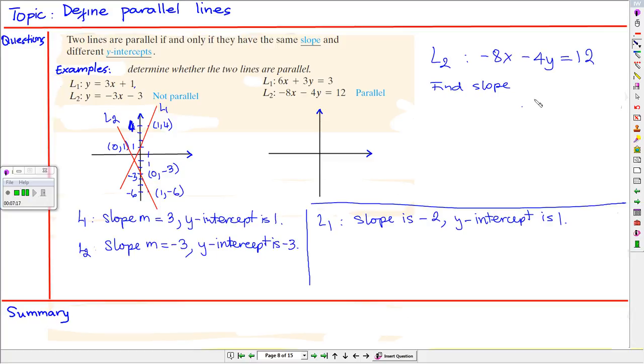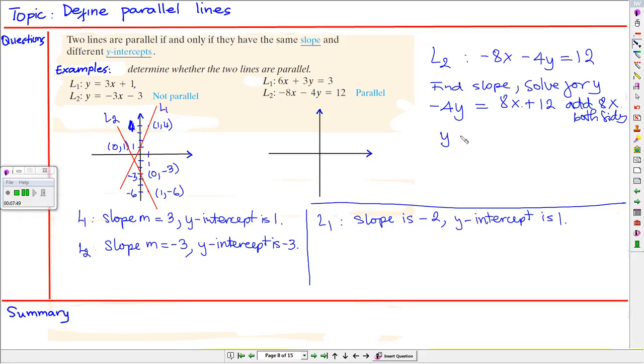We want to find the slope and the y-intercept. Of course, we find the slope first, which means we solve for y. So we add 6x to both sides, and we have negative 4y equals 6x plus 12.